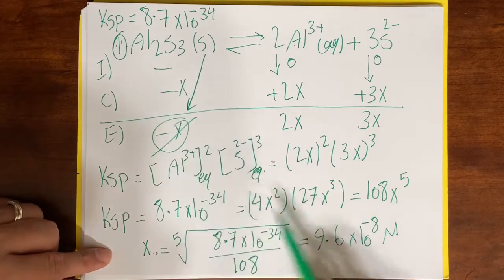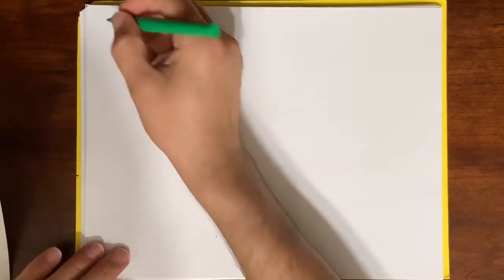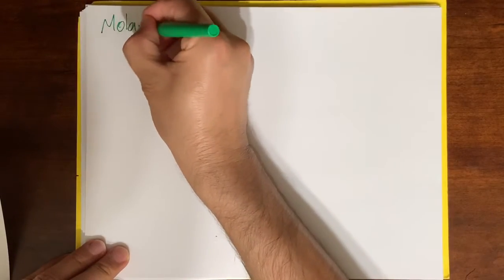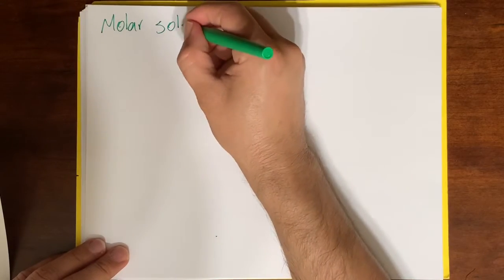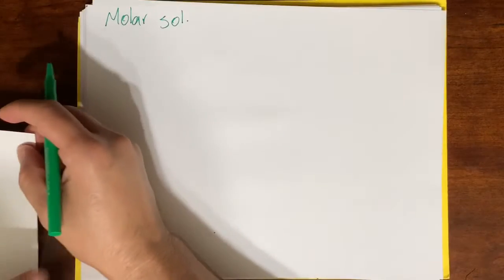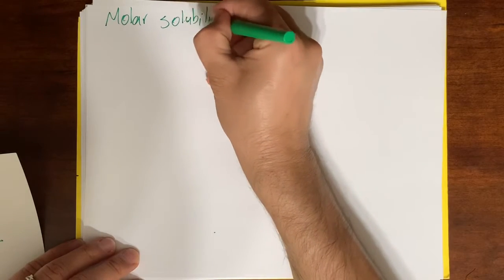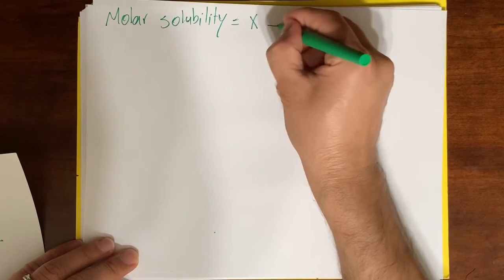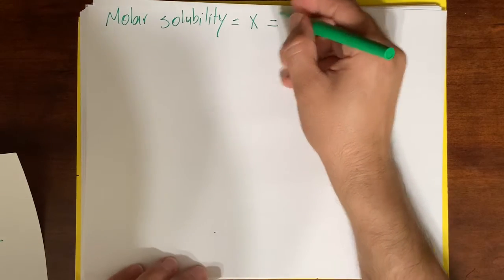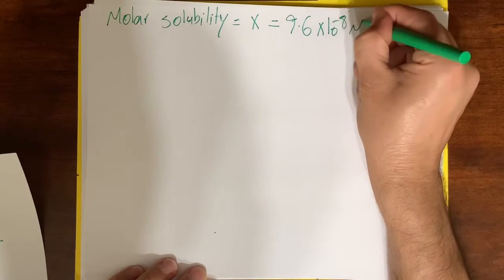So molar solubility is going to be equal to x, which is 9.6 multiplied 10 to the power of minus 8 molar.